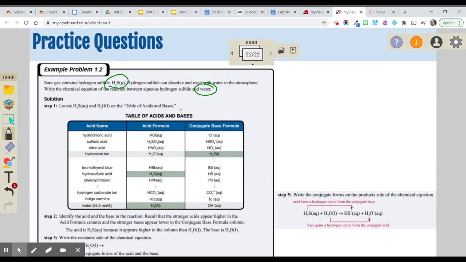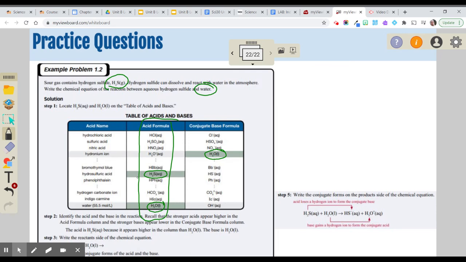The first thing we do is we try and find these 2 substances in our acid-base chart. So first we look in the acid chart and we see what we have. Well, water shows up always on both sides, and then you'll see H2S is showing up here. So it's also an acid. Water can also show up on the base side, but if you look really carefully, you are not going to find H2S there on the base side.